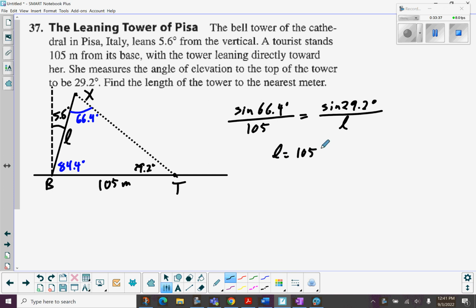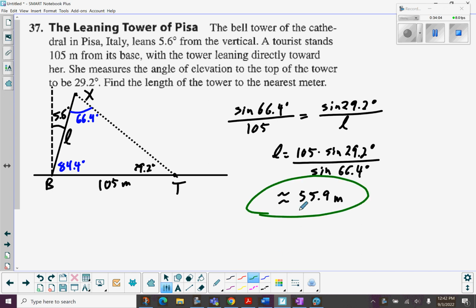So we're going to take 105 times the sine of 29.2 degrees divided by the sine of 66.4 degrees. If we want to round that off to something reasonable here, that's about 55.9. They did give us units of measurement, so make sure that's part of your answer. This distance here was 105 meters, so this should be 55.9 meters.